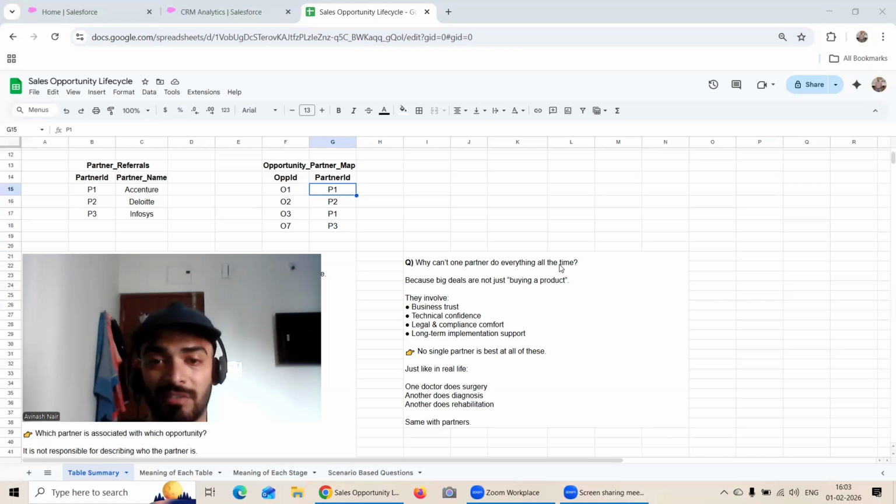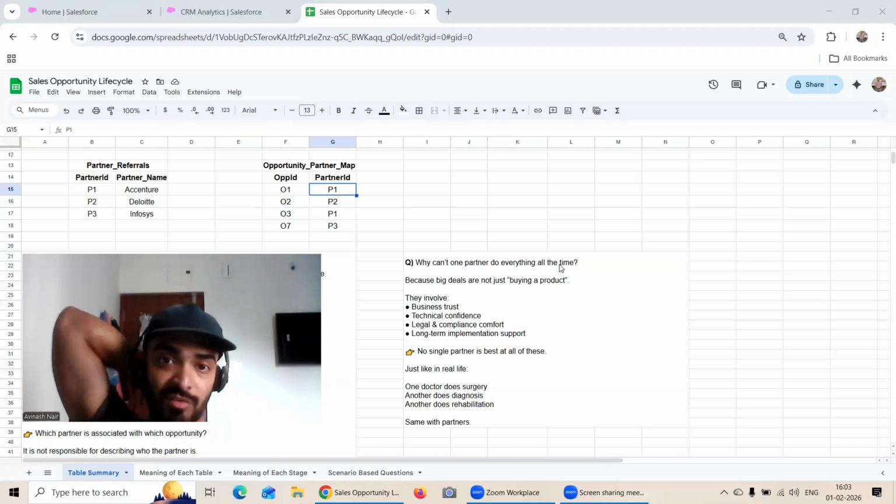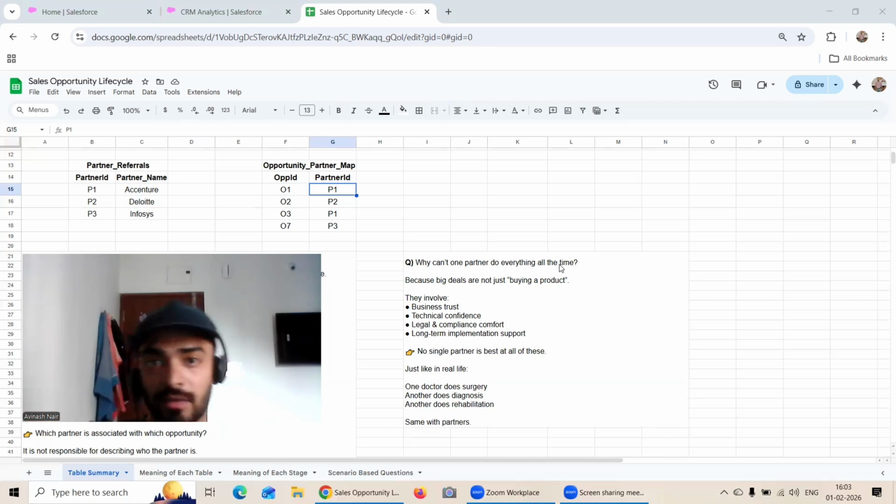That can be a reason, but we can read this as well, because big deals are not just buying a product. When you are dealing with big deals, with big clients, it's not just buying a product. They involve business trust, they involve technical confidence. Let's say there's a particular client with different service-based companies delivering for them, but what kind of work?